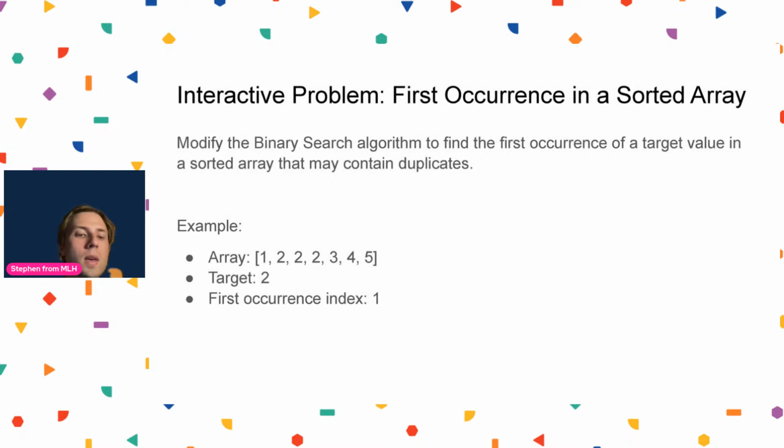All right, so now that the code is in the CodeShare, we can do another interactive problem. This time, the problem is to modify the binary search algorithm to find the first occurrence of a target value in a sorted array that may contain duplicates.